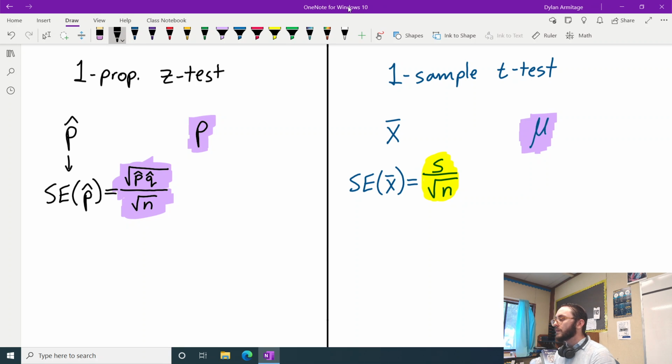So for the one proportion z-test, right, we calculate a z statistic, a z score, which is the sample proportion, right, our sample minus the population proportion divided by the standard error.